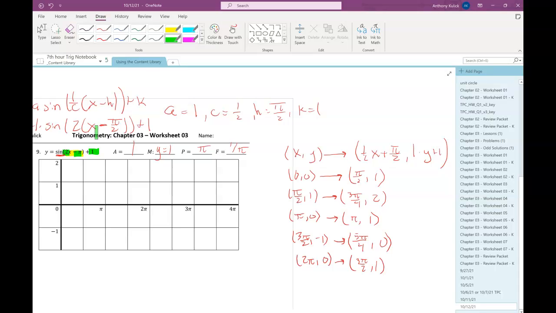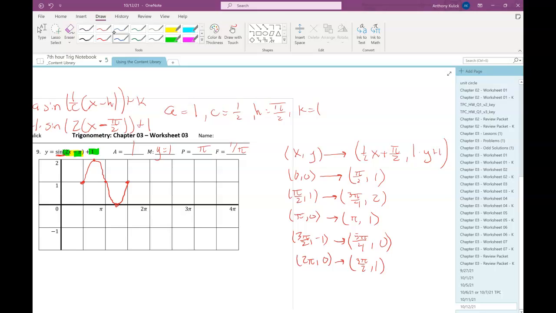Okay. So then we'll just plot these. So pi over 2 and 1. 3 pi over 4 is going to be like halfway here, and 2. Pi and 1 is there. 5 pi over 4 and 0 is there. 3 pi over 2 and 0 is there. So I have this much, and then I should fill up the rest of my space.